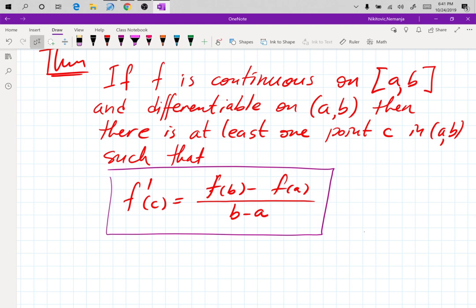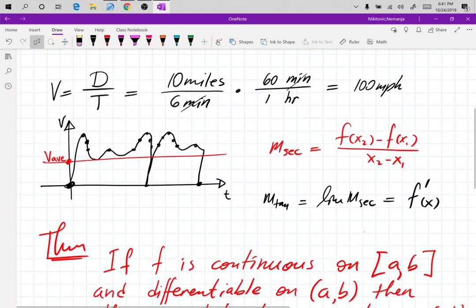So you just get a ticket mailed, because here is the formula that says the average was the same as the instantaneous speed at least at one point in time. If you go back to this image over here, with this lousy example of 100 miles per hour, look at these peaks over here, and this one, and this one.